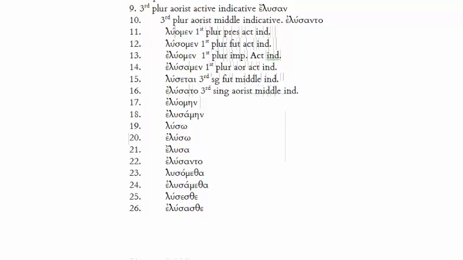Okay, eluomen. Eluomen. Okay, this one, you've got an augment, okay, and no sigma, for a verb that would take a sigma if it were in the aorist. Okay, so therefore, this can only be one thing, and that's going to be an imperfect. But what kind of imperfect? Well, remember the endings? Omen, so, to, metha, sthe, nto. Okay, well, we saw the to here, and this one was a sign of third singular. So the men, if you know your endings well, is going to be the first singular.